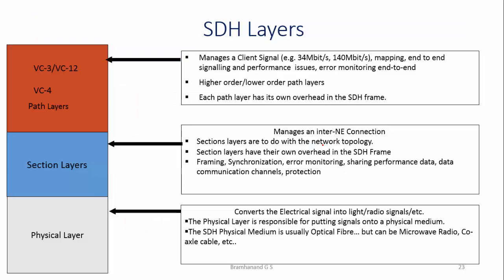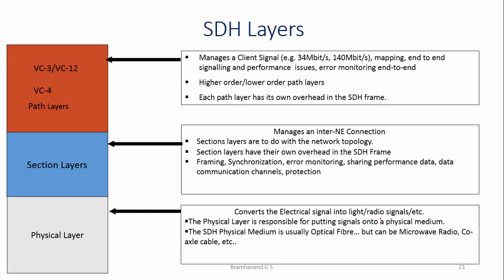To summarize the SDH layers, the physical layer is involved in converting electrical signals to light or radio signals, in the case where we use microwave as the physical media.